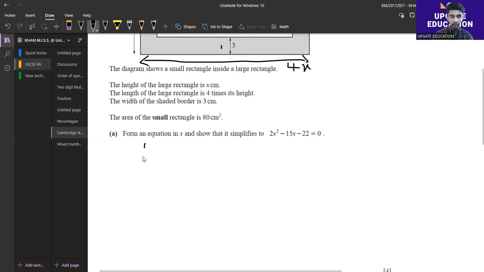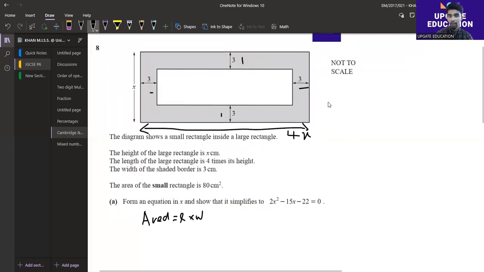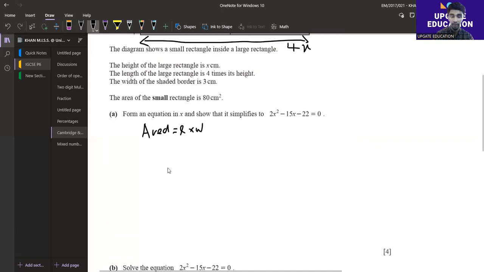I'm putting area is equal to length times width, that is for the rectangle. And the length, for the biggest rectangle, is 4x. You have to subtract this 3 and this 3, so it should be 4x minus 6.